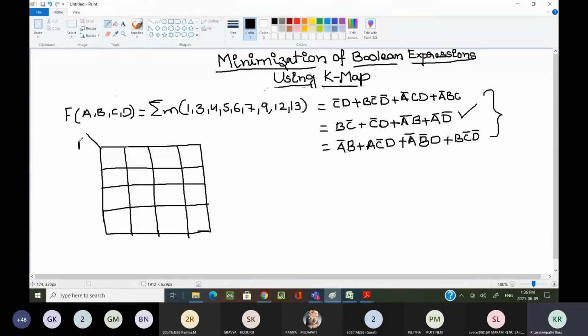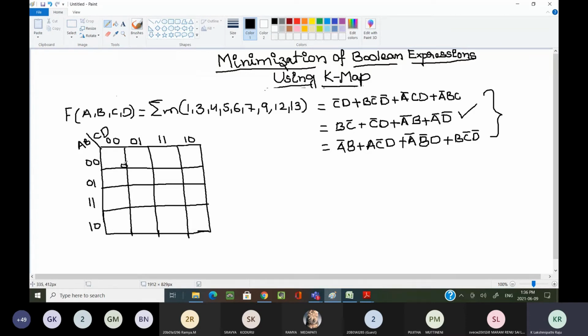Now these are my variables or literals A, B, C, D. I am not writing the terms directly. I am writing the binary positions 0 0, 0 1, 1 1, 1 0. These codes are nothing but gray codes.